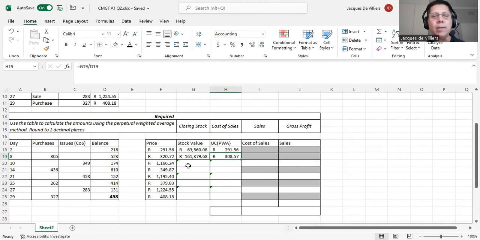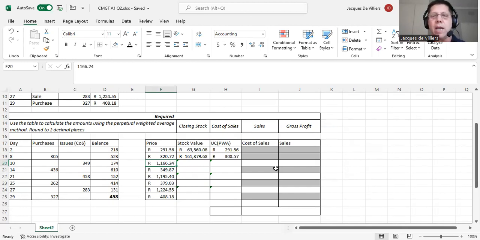Okay. Then we see that on the 10th, we make a sale. And we are selling 349 units. And those 349 units, we are selling at the price of 1,166 each. It looks like we have a markup policy of about 60-65%.